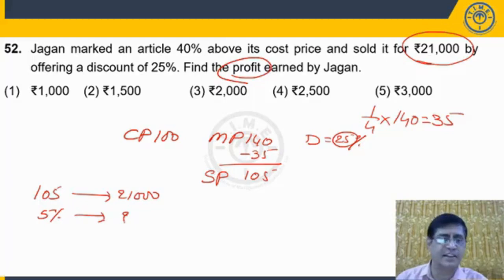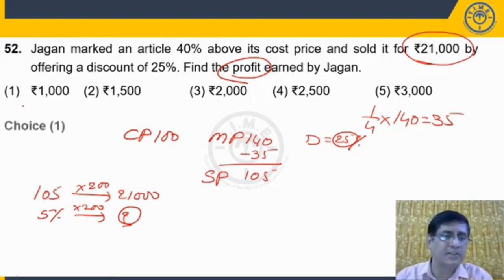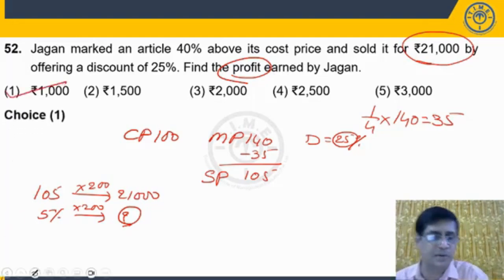What is the cancellation? 2 times of 105 means 210. So the result is 200. So just multiply with 200. So the result is option number 1. So 1,000 rupees is the answer.